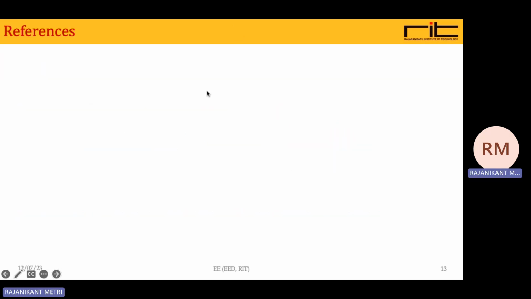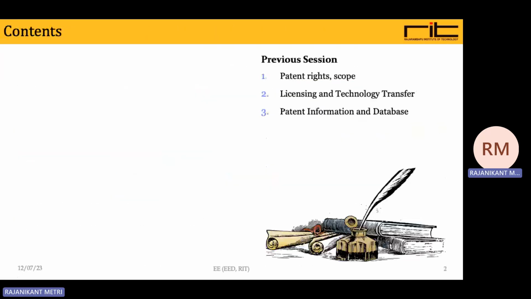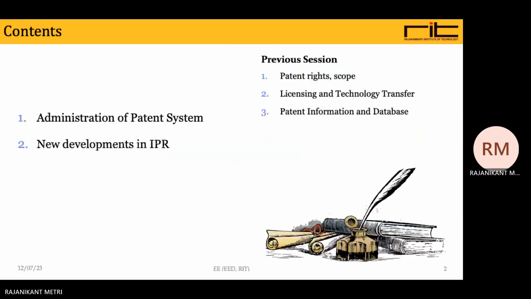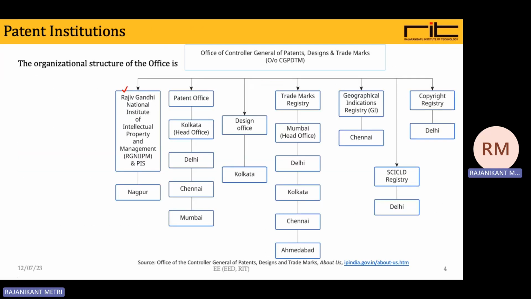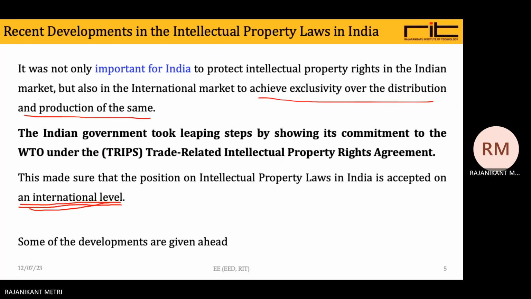So you can go through these slides related to the administration of patent institutions and structure, that is, which body is located at which place, and the developments that occurred in India in intellectual property laws.